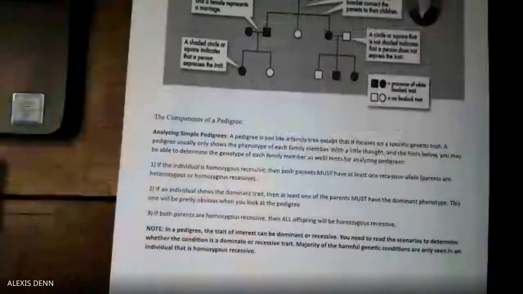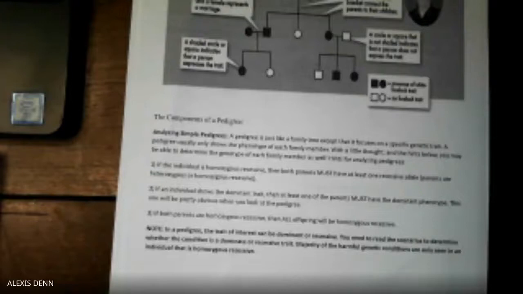Here are some hints for analyzing pedigrees. 1, if the individual is homozygous recessive, then both parents must have at least one recessive allele. Parents are heterozygous or homozygous recessive. So just an example.